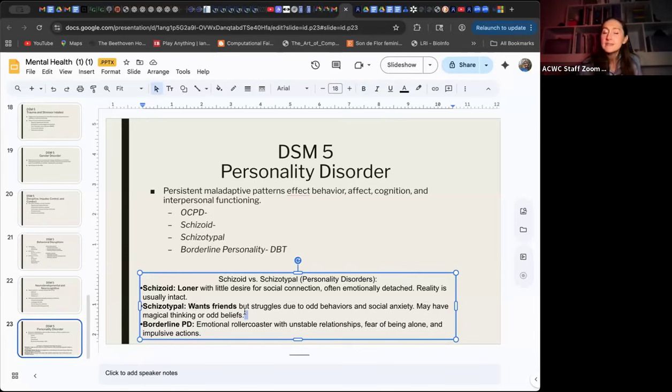But notice it doesn't say they're hallucinating or having delusions on the level of a brief psychotic disorder, schizophreniform, or schizophrenia. Remember that whole slide we went through a while ago? It's not to that degree, but it's still odd enough that it makes it hard for them to maintain friends. So those are two to watch out for as well, because they can all begin to sound the same when you're under stress on the test.